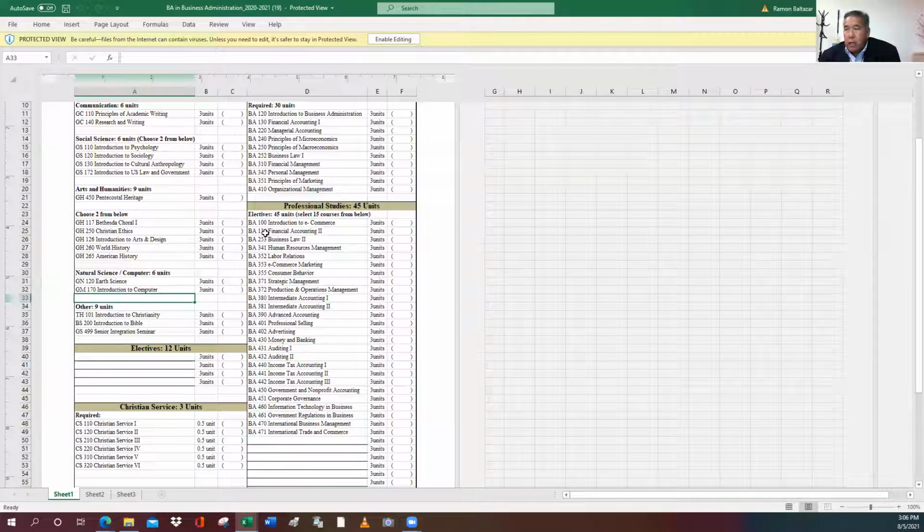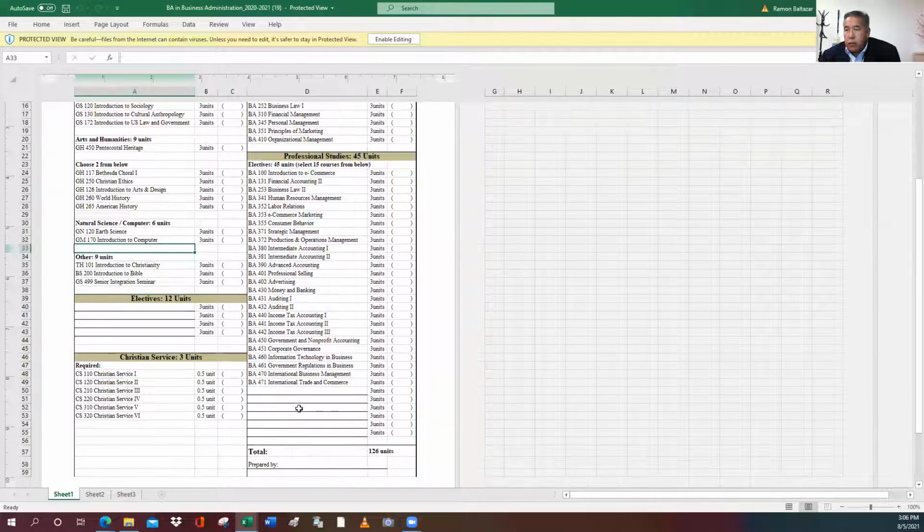You can take 15 classes. Or you may choose other courses that you feel would be appropriate to your level of interest. For example, for many of you that are concentrating in the sports management, you may use this area, okay? Choose a sports management course, and it will be recorded as one of those for your professional studies.